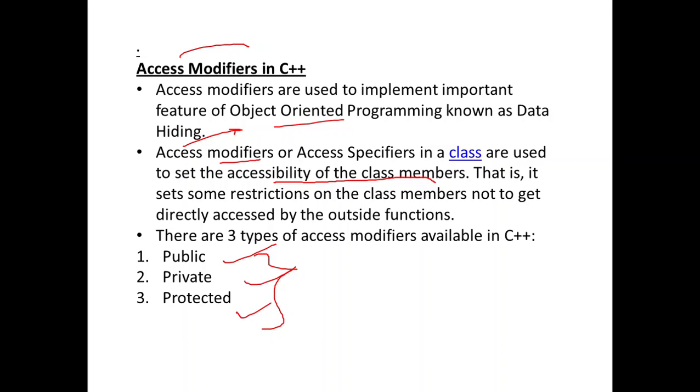Very important: access modifiers implement data hiding for the object-oriented programming language, and here we set the accessibility of the class members. Class members means the data members and the member functions. There are three types of access modifiers: public, private and protected.